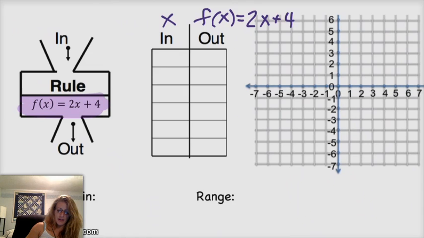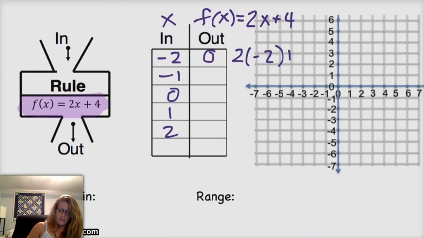So my input, I'm going to pick, I don't know, -2, -1, 0, 1, and 2. And so then I can just plug those into the function. So f of -2 is 2 times -2 plus 4. Well, that ends up being 0, because 2 times -2 plus 4 is -4 plus 4.